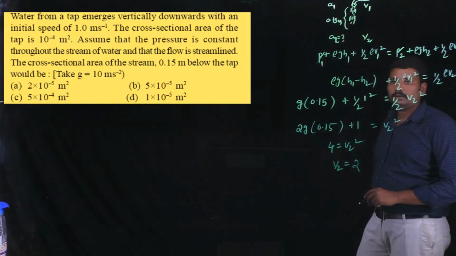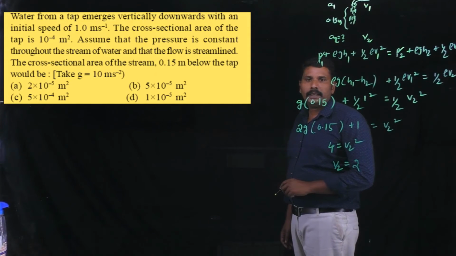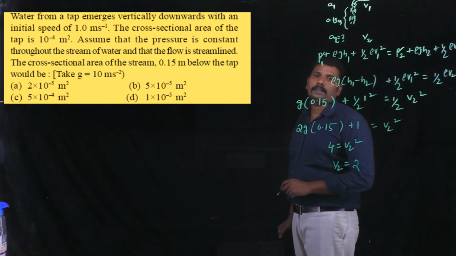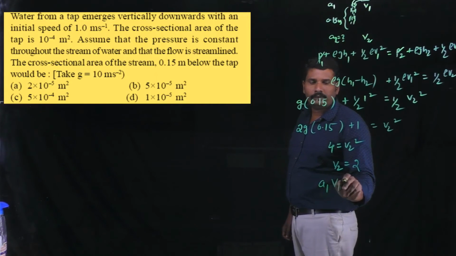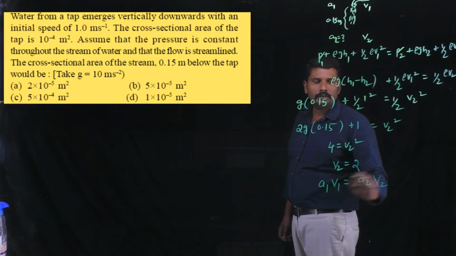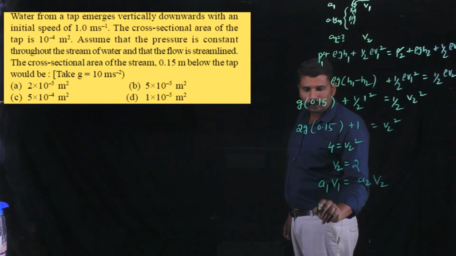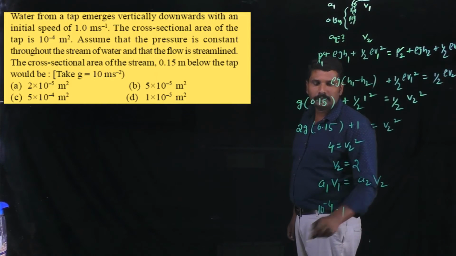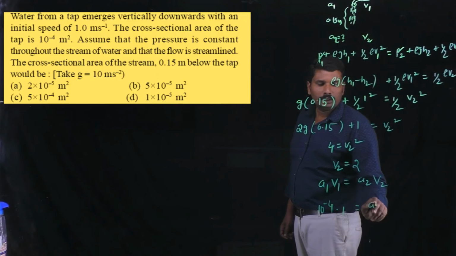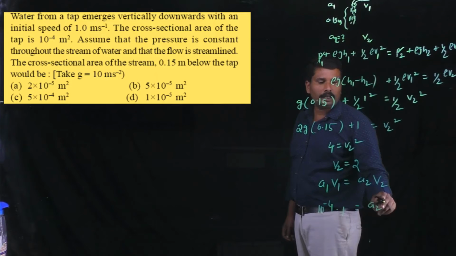Okay, now we want to calculate the area of cross section below 0.15 meter. From the equation of continuity, it is a1 v1 is equals to a2 v2. Here the area of cross section is 10 power minus 4 meter square and the velocity is 1, equals to a2 into, at 0.15 meter below the velocity is 2.